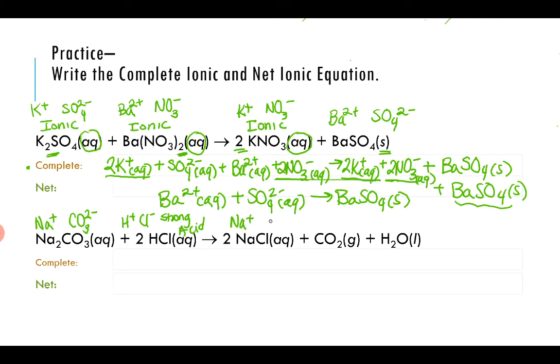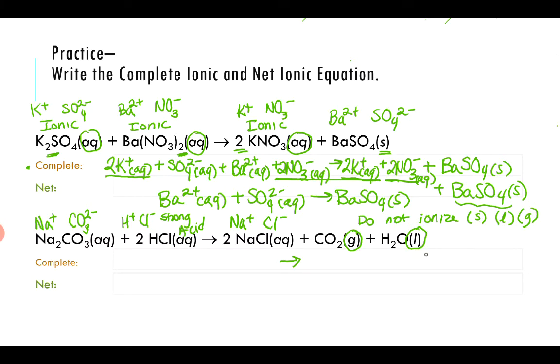Sodium plus, chlorine minus. This is a gas. That's a liquid. And so just like our solids above, those are not going to be ionized. So solid, liquid, gas do not ionize.